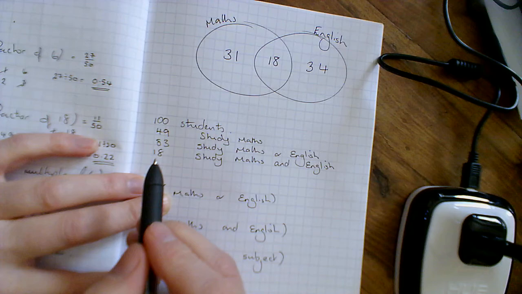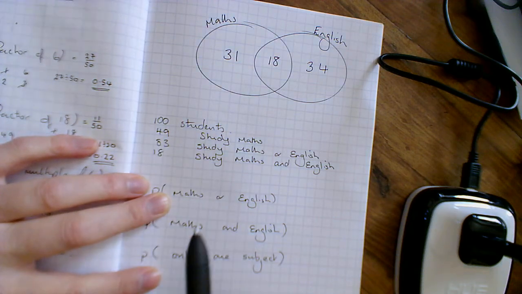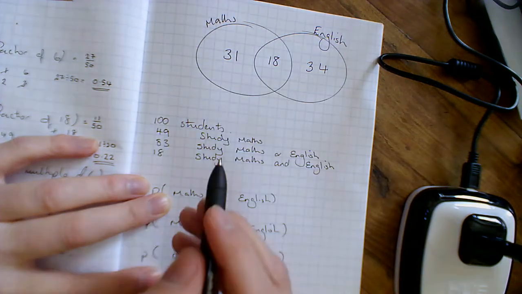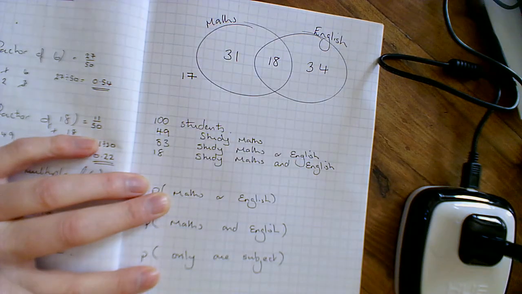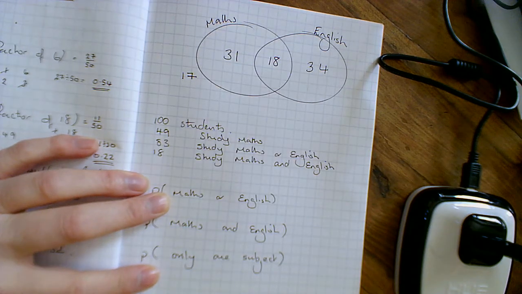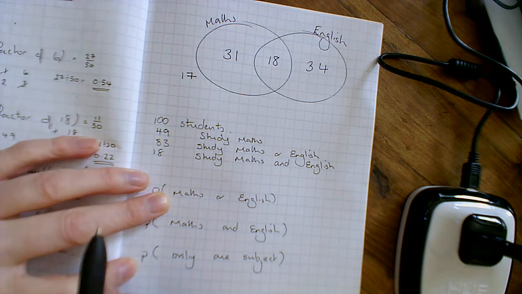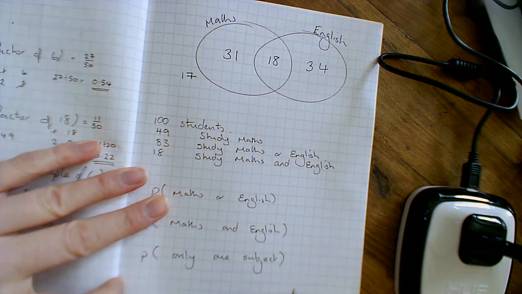And we knew from the beginning there were 100 students altogether, and so far we've only counted 83, which means there must be 17 outside here somewhere. So I don't know, maybe it's a university and some people have studied maths, some people have studied English, and there were 17 people who bizarrely didn't study maths or English.